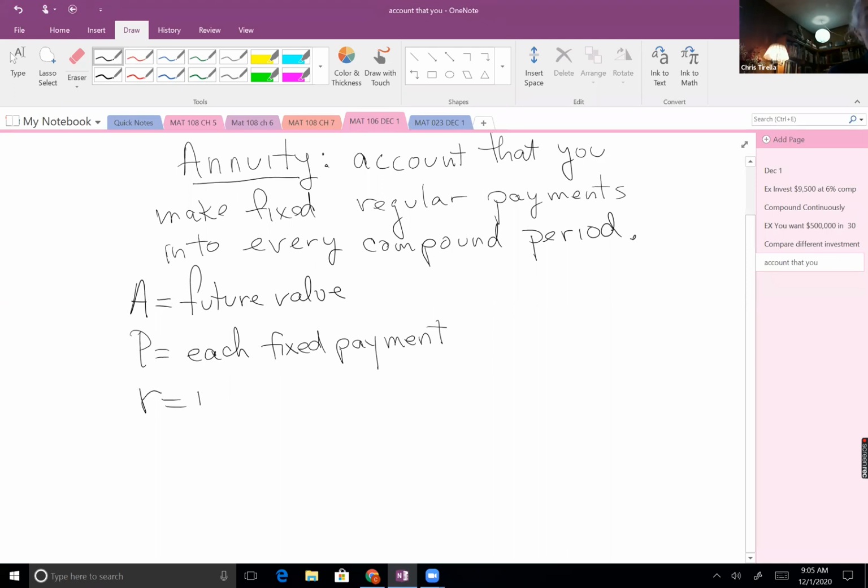R is going to be our rate. Again, we want to write it as a decimal. T is going to be our time in years. N is going to be the compounds in 1 year.